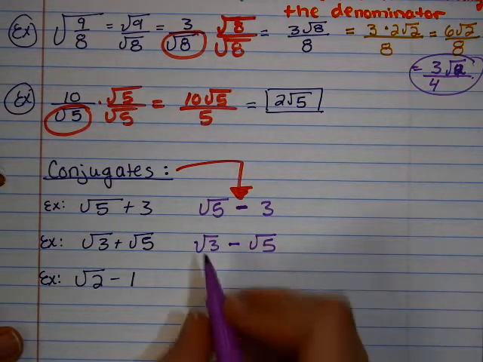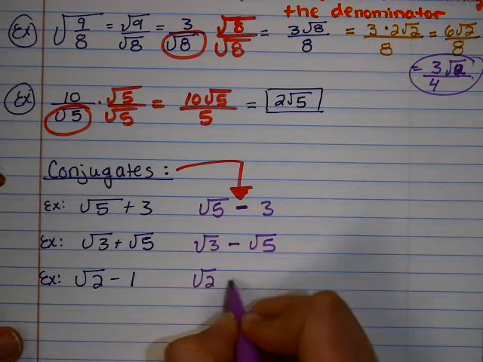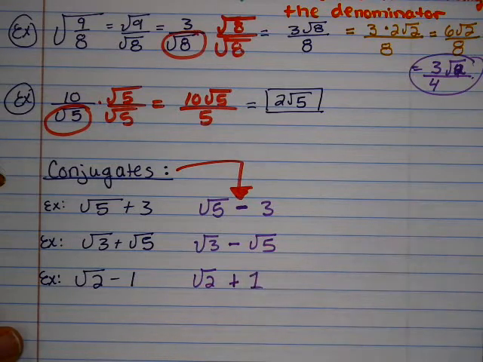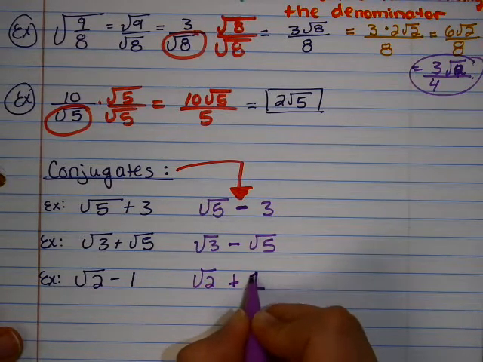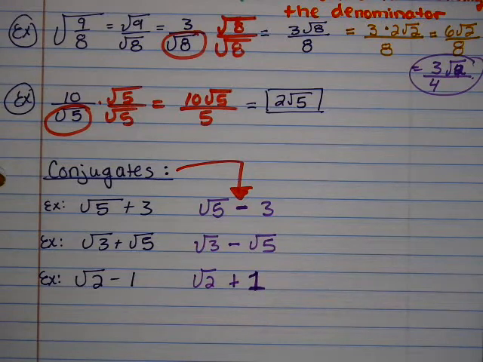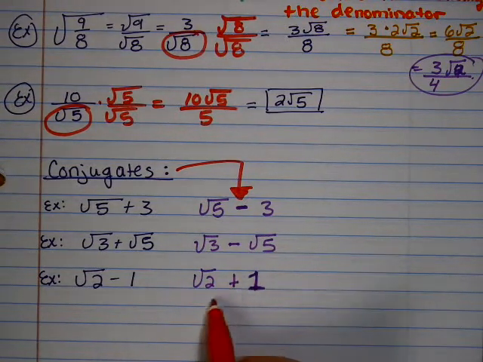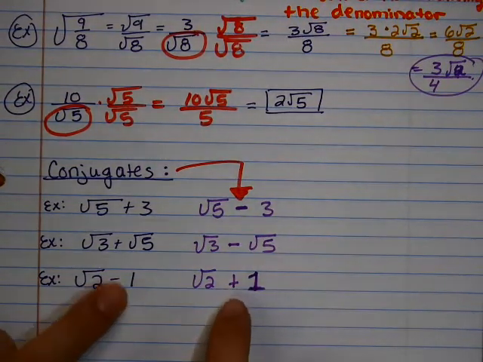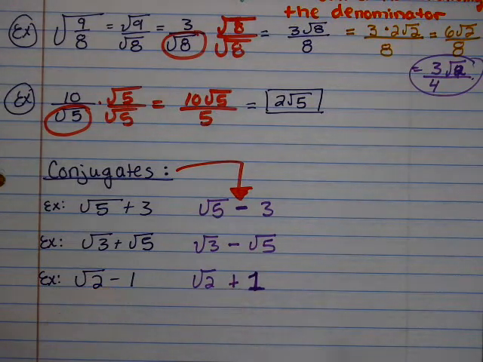My conjugate would be the square root of 2 plus 1. So again, we're changing only the sign that's between the two numbers. So if we're subtracting, then we're adding. Okay. Why do we need conjugates?